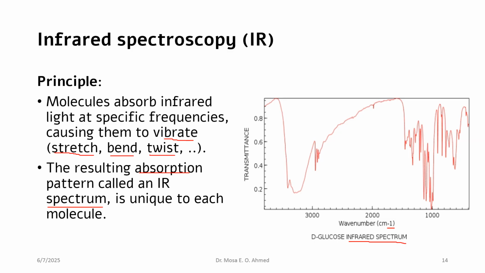The x-axis represents the wave number, in centimeter minus 1, and the y-axis represents the transmittance of IR light, because when IR is shone on molecules, a part of it is absorbed and the remaining passes through the molecule.